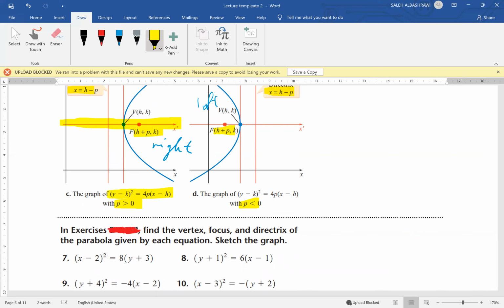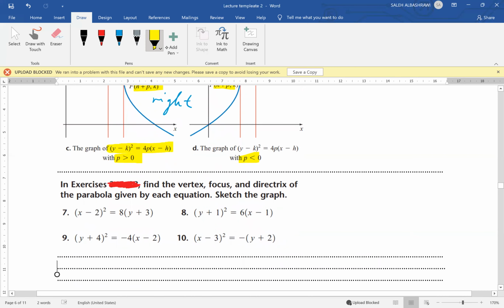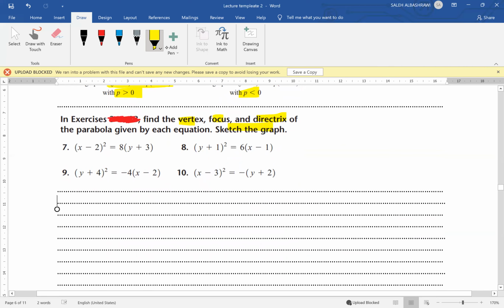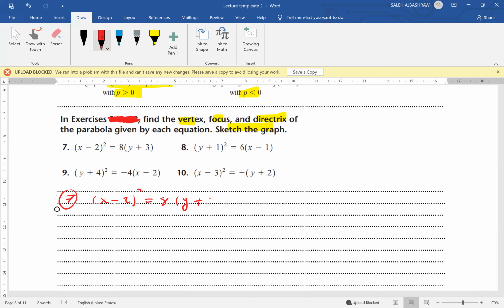Let's have some examples. In these exercises, we need to find the vertex, focus point, and directrix of the parabola, and we need to sketch the graph. In exercise number 7, we are given (x minus 2) to power 2 equals 8 (y plus 3).